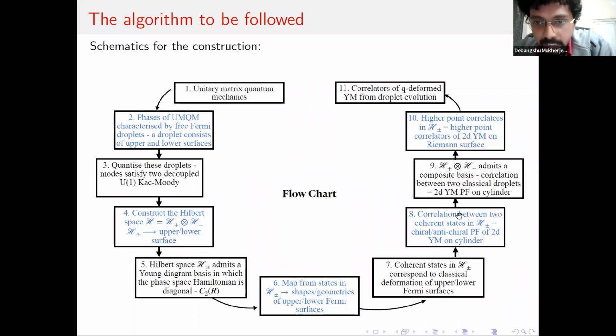Finally, you will see that step 9 is a sort of reconciliation, because from step 4 all the way up to 8, we will be following only one of the chiral sectors. But when you want to put things together, because you need to consider propagators from the chiral as well as the anti-chiral sectors, when you combine the two, you will see that we are going to need something called a composite basis representation, which I'm going to talk about.